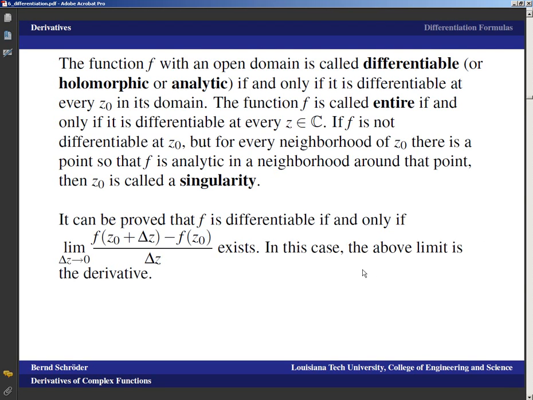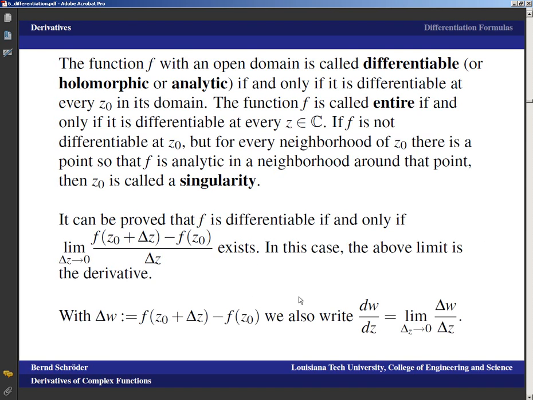In this case, then, of course, because the translation is so direct, this limit here is the derivative. And with our typical notation that w often denotes the output, we would have that delta w is the numerator of this difference quotient, and then we also write dw/dz being the limit delta z going to 0, delta w over delta z.